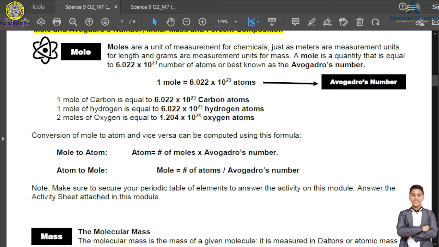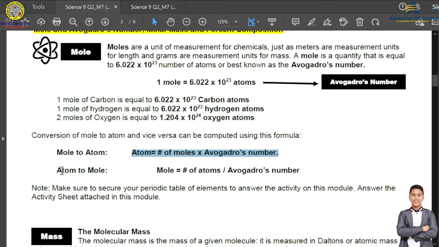So we will try to calculate using our formula. If the number of moles is given and you are to find the number of atoms, you use this formula: the number of atoms is equal to the number of moles times Avogadro's number.